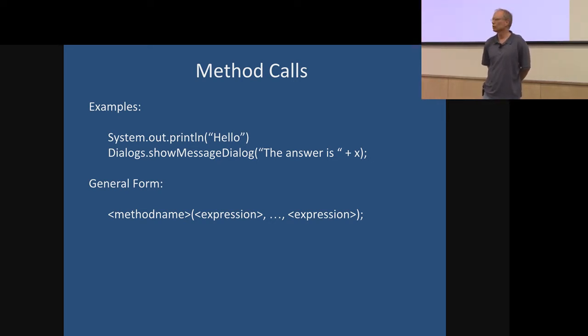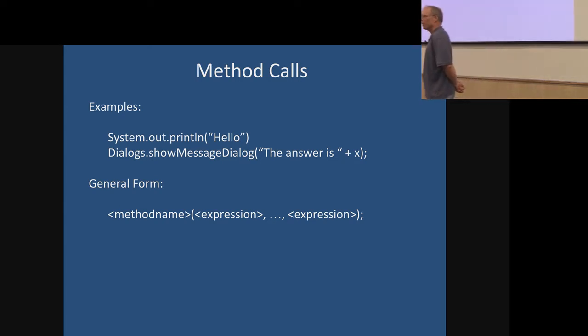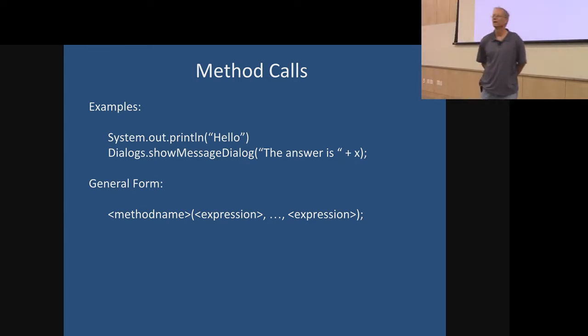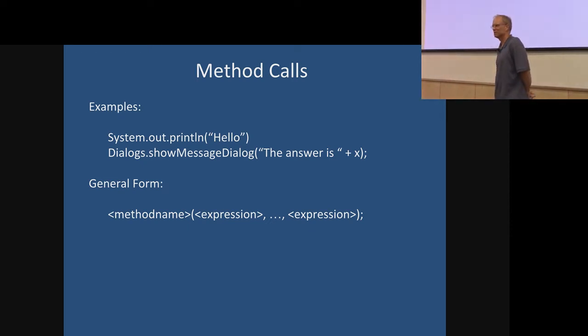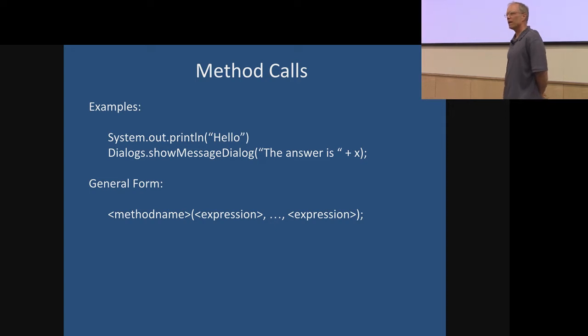It does something to them. What does Java do with those expressions before it even gets around to the method? No, it doesn't assign them to variables yet. What does it do? It evaluates the expression. That's the only thing it can do. Expressions are evaluated.